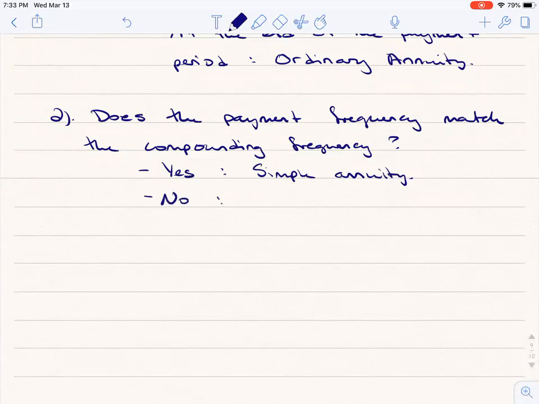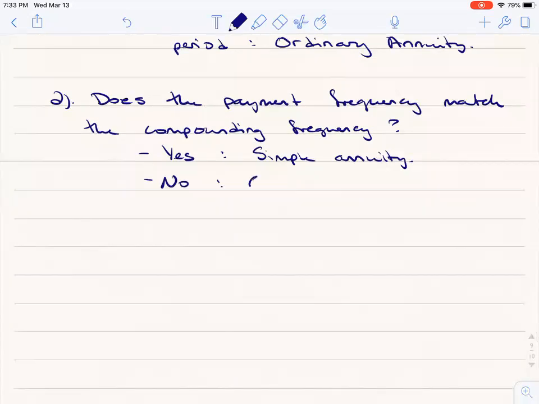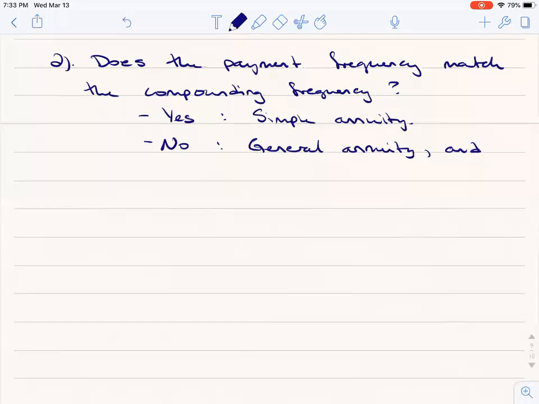If no, you have a general annuity, and you need to find I2 first. But then you're back into the same as a simple annuity.